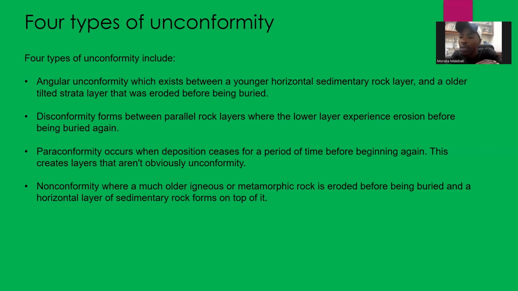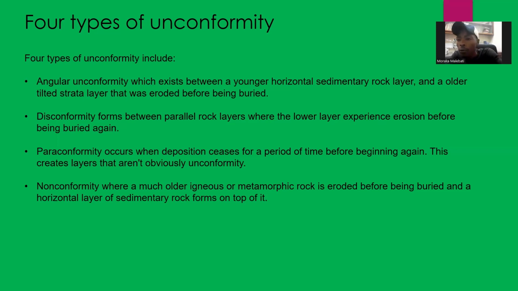In simple terms, the disconformity you will see with an irregular boundary, but with paraconformity the boundary is just parallel, not irregular. So paraconformity is not easy to notice with your own eyes, and to be able to notice the boundary you can get additional information using fossils. So that is the difference between these two.